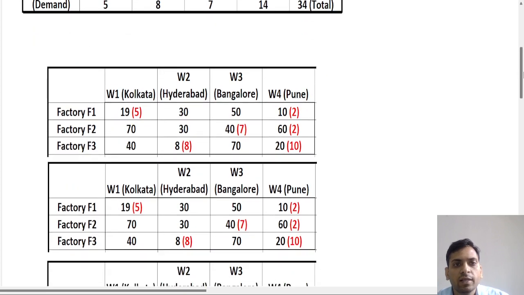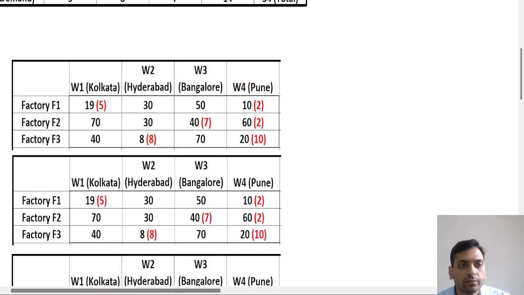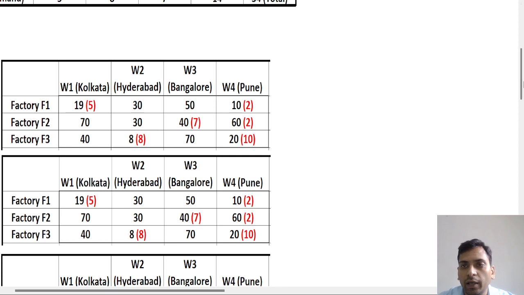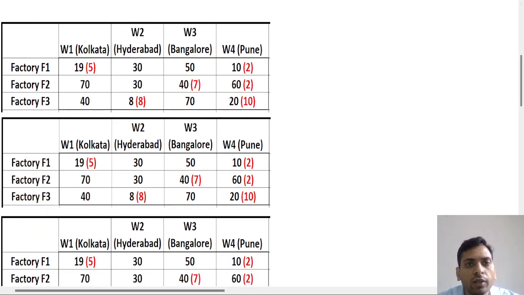Okay, so we will construct a loop for all. And why will we construct a loop for all? To find the incremental cost. Okay, so in this case, this block is the first row, second column.